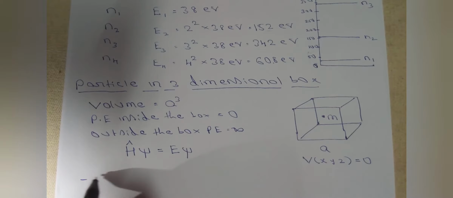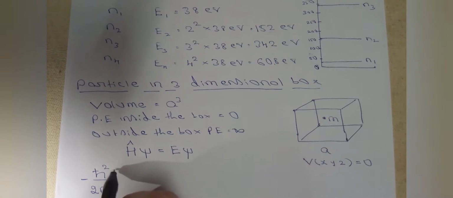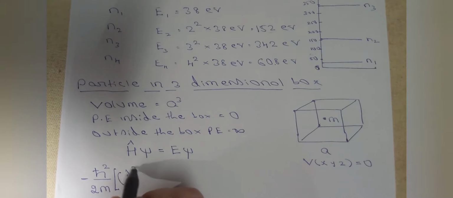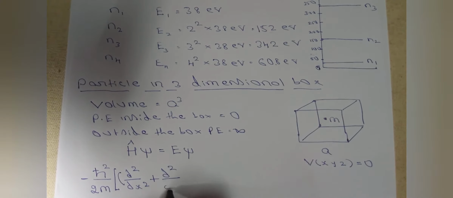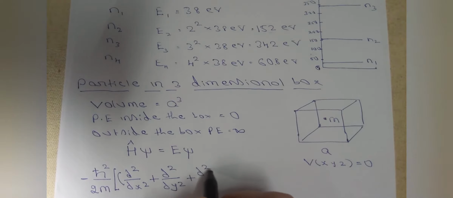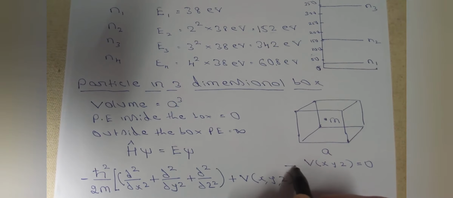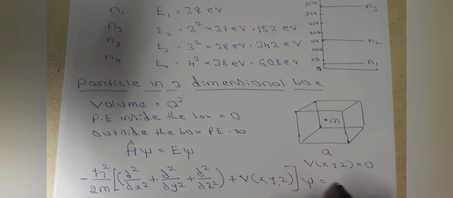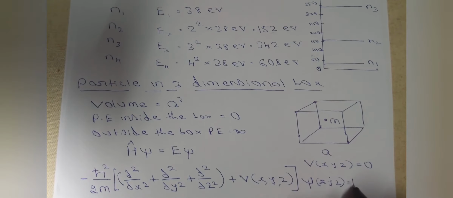Hamiltonian is written as minus h cross square divided by 2m, and then I will write dou square by dou x square plus dou square by dou y square plus dou square by dou z square, plus V, the potential energy V(x, y, z), close the square bracket, xi of x, y, z is equal to E xi of x, y, z.